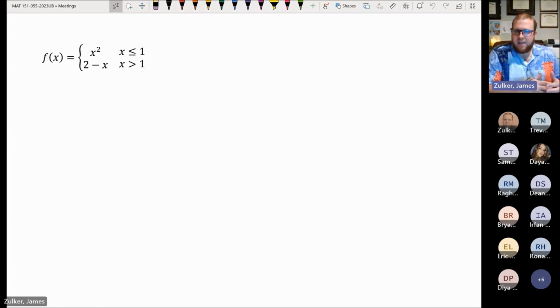Well, that's continuous everywhere, right? Which means that's going to be continuous for all x less than or equal to 1. 2 minus x is also continuous everywhere, right? So it's going to be continuous for all x greater than 1. That means we only have one possible point of discontinuity, and that's where we break off.